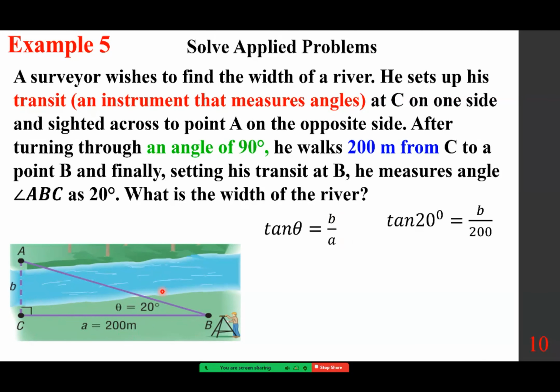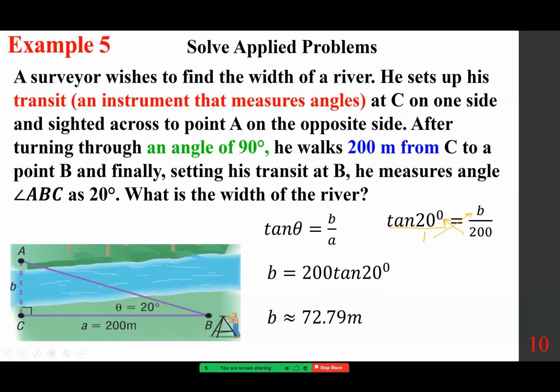And so B is the product of 200 and tan of 20. Again, cross product. And you get 72.79 meters.